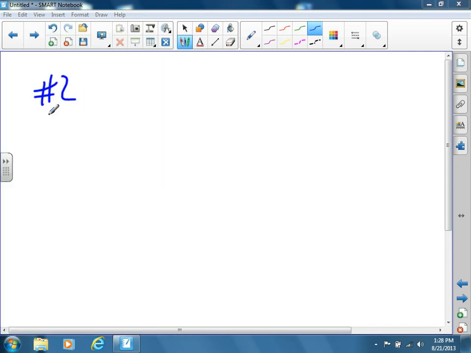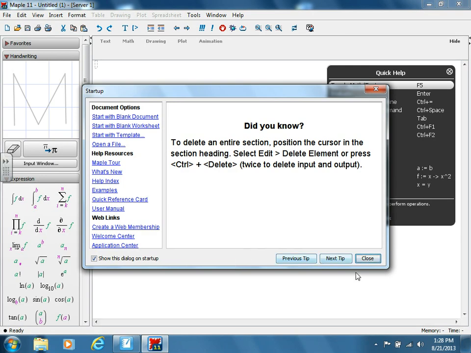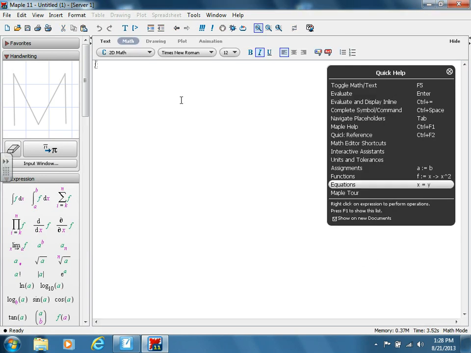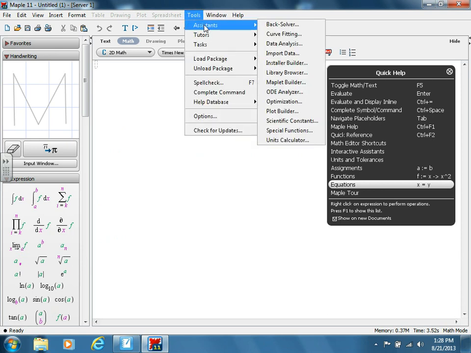So we'll open up Maple. Well, you want a pretty graph. That's the only way you're going to get it, right? Open up Maple and go to Tools, Assistants, and Plot Builder.